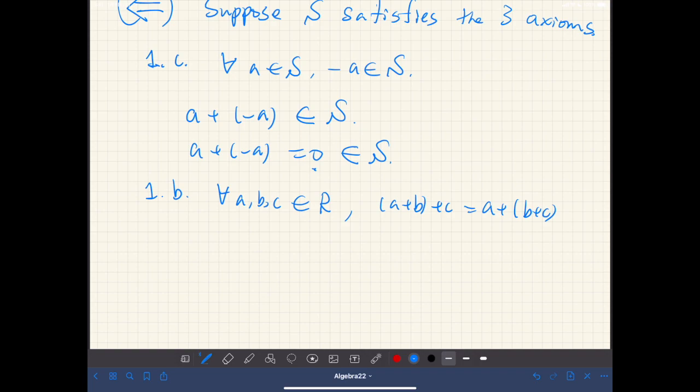Therefore, for all a, b, c, if they are elements of S, since S is a subset of R, of course we have (a plus b) plus c equal to a plus (b plus c).